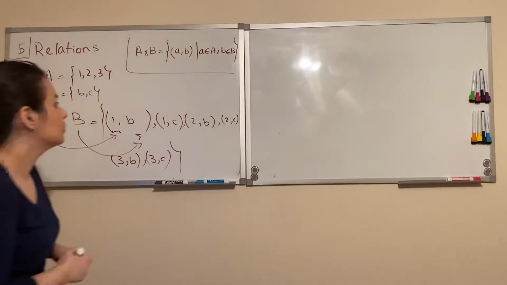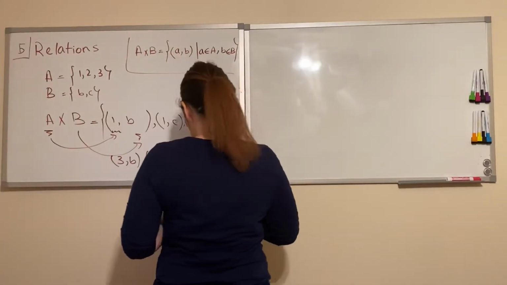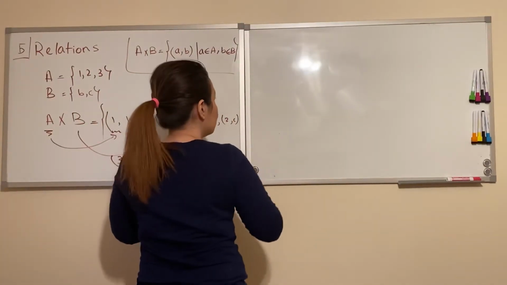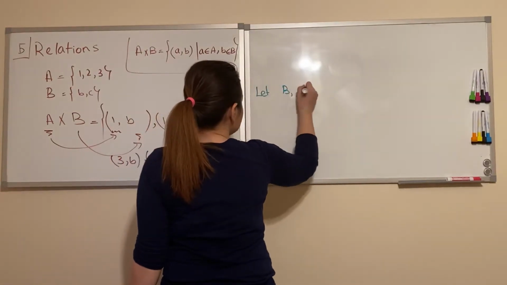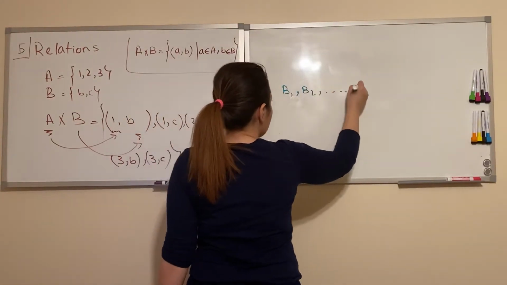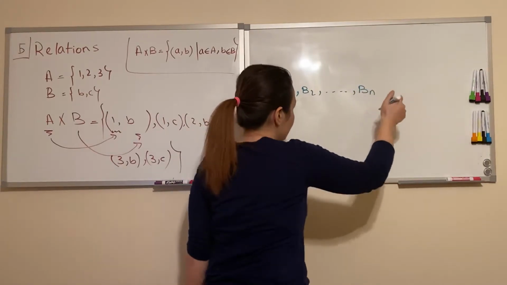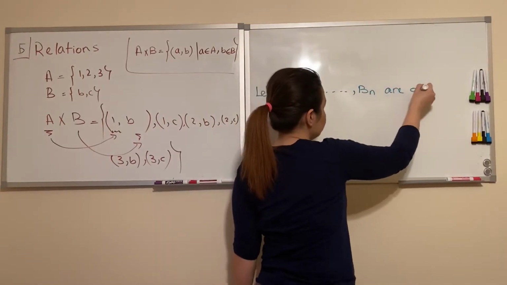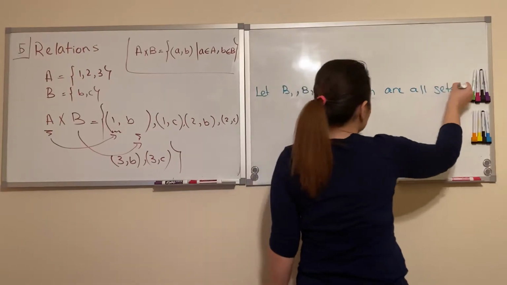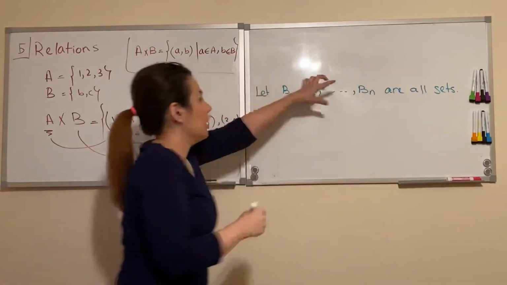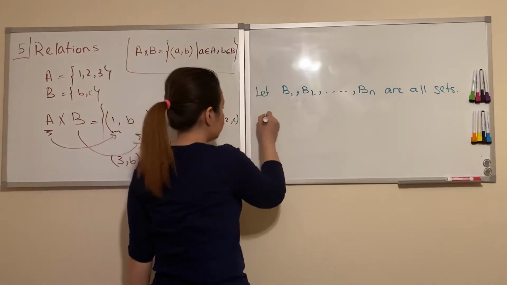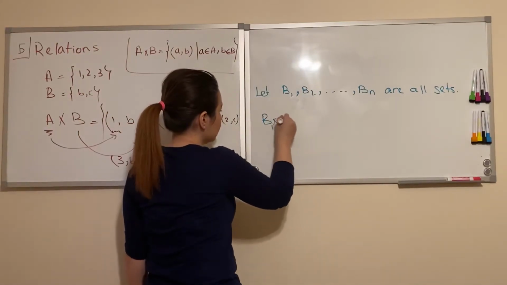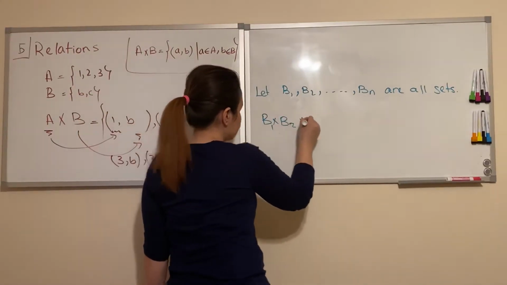Let B1, B2, up to Bn be sets. Here you see that I don't have 2 sets anymore, I have n sets, and I want to define the Cartesian product on these n sets.